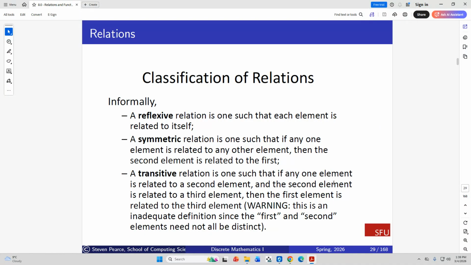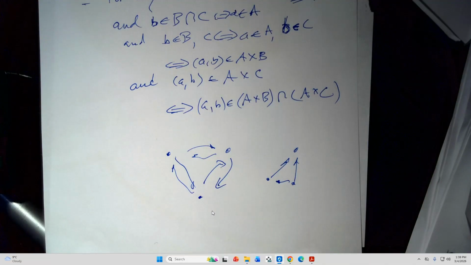Once again, if any one element is related to a second element and the second element is related to a third, then the first element is related to the third. I drew that kind of dumb. All right, let's do it again.